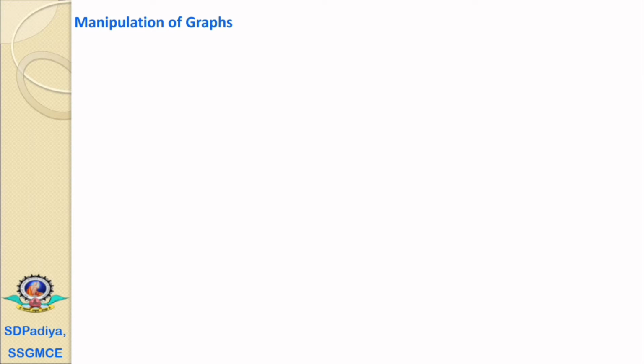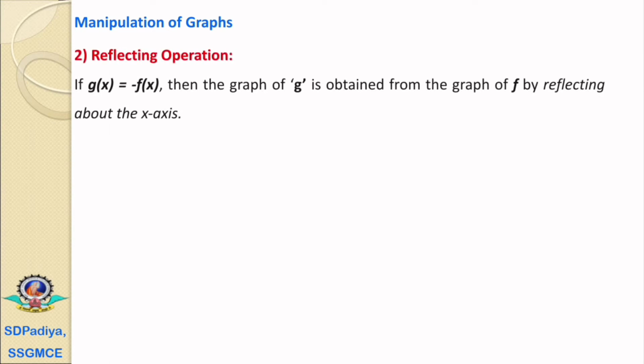Now we'll discuss the second possible operation we can perform on a graph, that is a reflection operation. If for any graph g of x is equal to minus f of x, then the graph of g is obtained from the graph of f by reflecting about the x-axis.